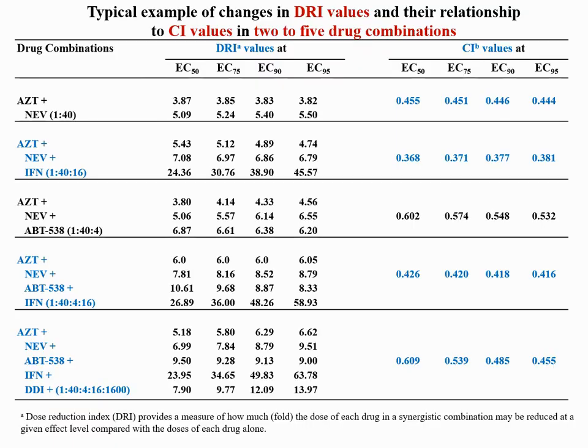Here shows an example of summary table for 2 to 5 drug anti-HIV drug combinations. It shows the DRI and the CI values at IC50, IC70, IC90, and IC95.